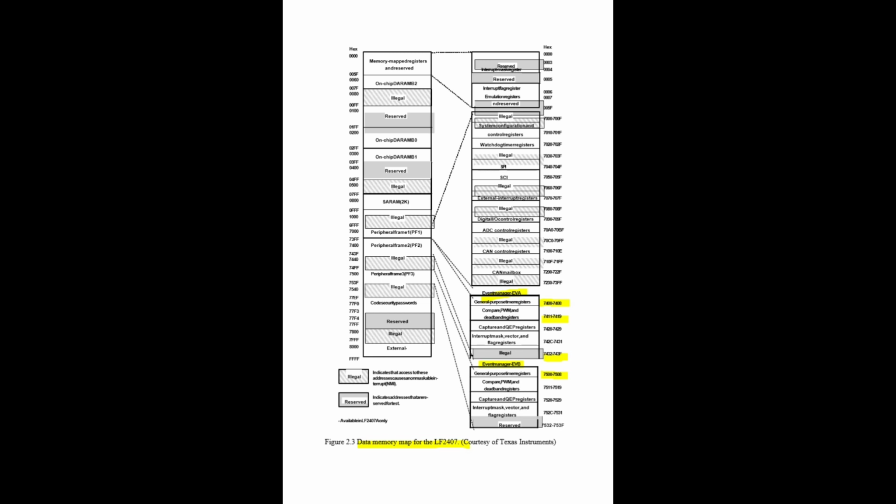So if they ask you to write a program with event manager B, use event manager B. That means timer 3 and timer 4 you have to use, not timer 1 and timer 2. If they ask you to write a program with event manager A, you will use timer 1 and timer 2. Then the corresponding addresses are 7400 to 7408. These are the addresses we will be using. 7500, 7508, the 75 series, is all event manager B. So you should remember these addresses.